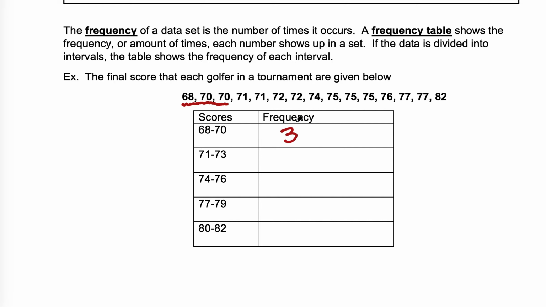So that's what we put in our frequency. 71 to 73 has 4 numbers. 74 to 76 has a bunch, looks like 5. Then 77 to 79 has 2, and 80 to 82 has 1. And that would be a frequency table.